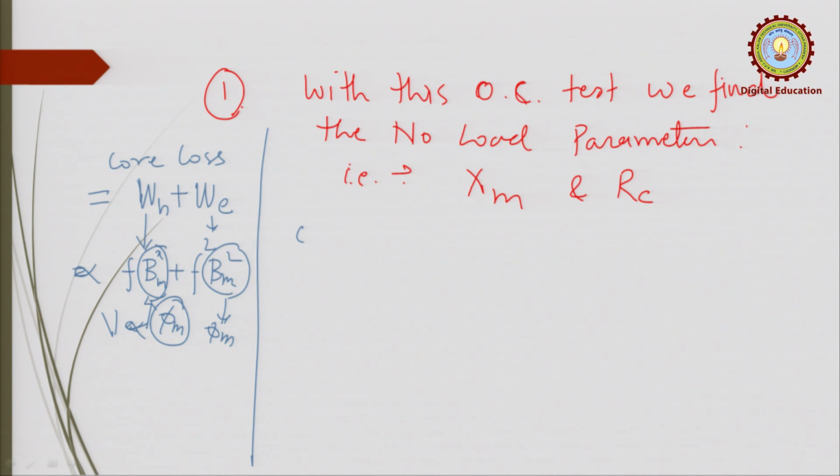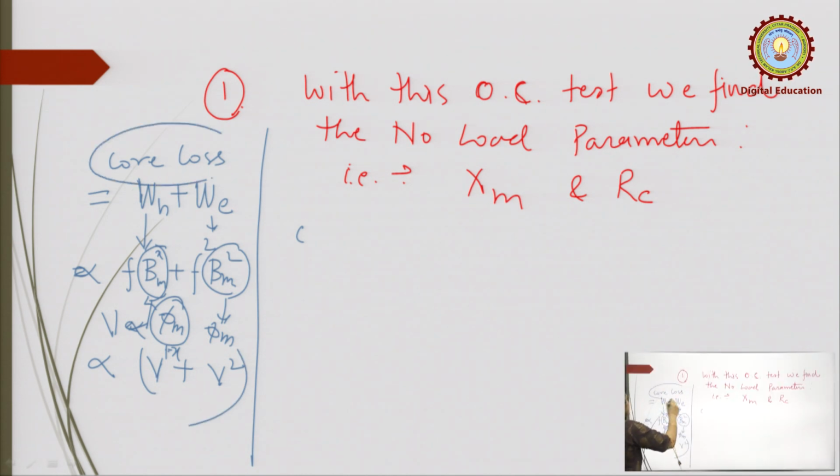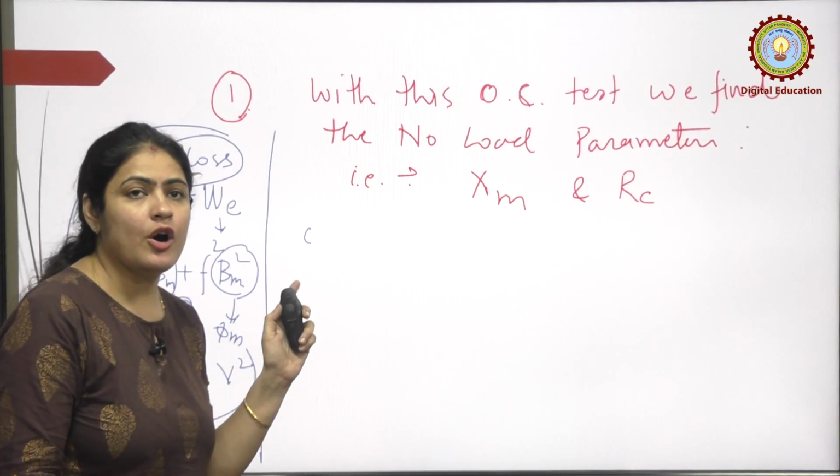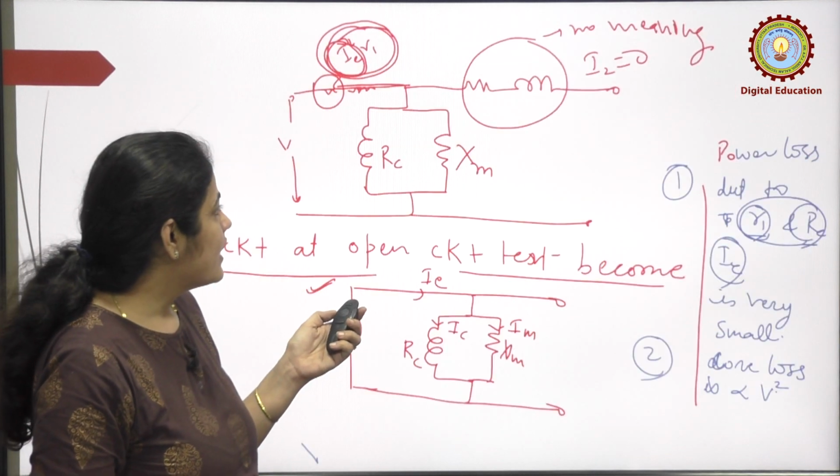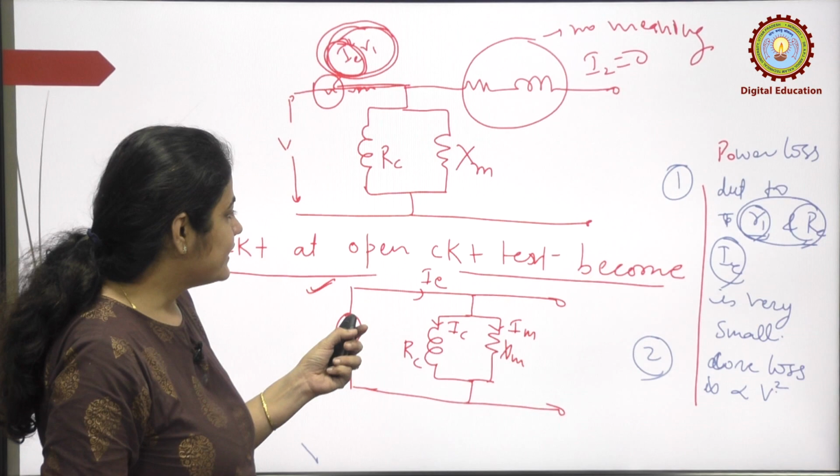That means the core loss is proportional to V square, and this open circuit test is performed at rated voltage.